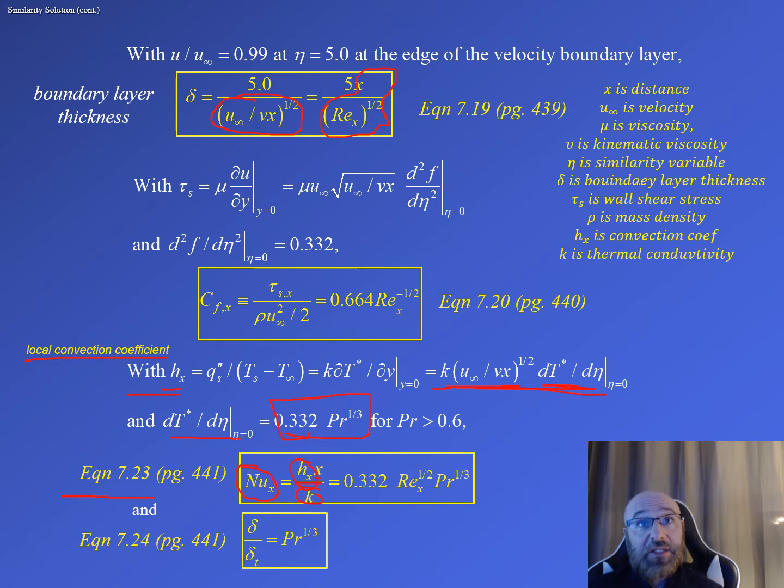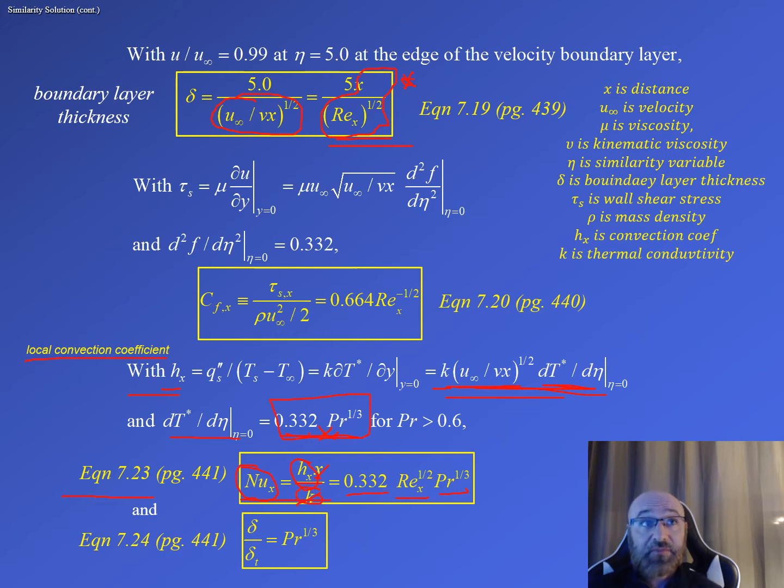So between this up top here from 7.19 and this relationship here, we can plug that all in and we can see that this, for our Nusselt number, is now going to reduce down to 0.332 from this relationship here. There's our Pr number to the 1/3 right there. Now this is going to be times our Reynolds number to the 1/2 using our relationship up there. So you can see what's canceled out is now we have our x and our K canceling out from our relationships from the previous example shown up here in 7.19 and from our relationship here for our local convection coefficient.